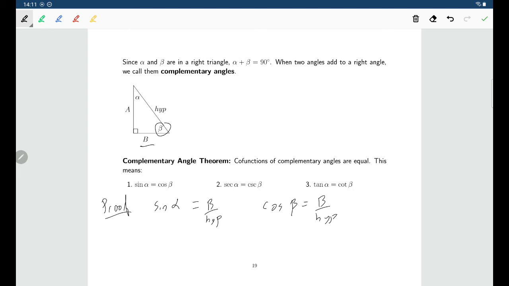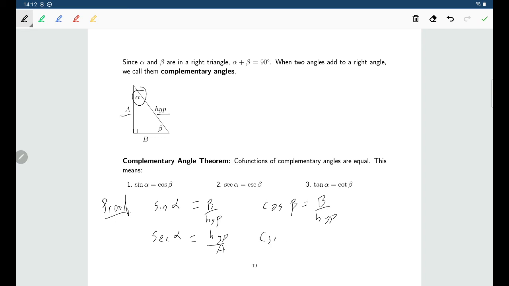Similarly, you can say other kinds of related things about secant of alpha and cosecant of beta. You know that secant of alpha should be the reciprocal of cosine. Cosine of alpha would be a over hypotenuse, so secant of alpha should be hypotenuse over a.